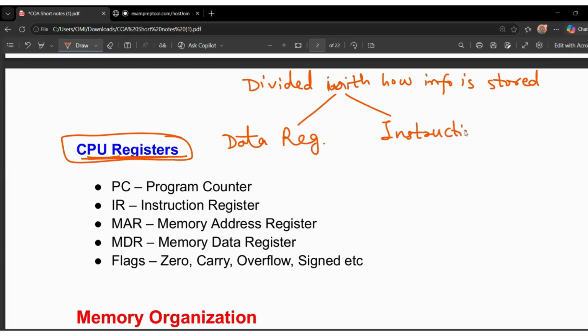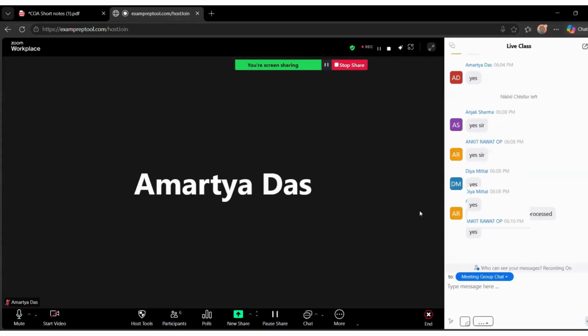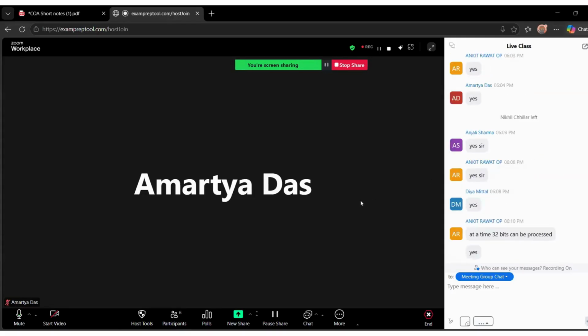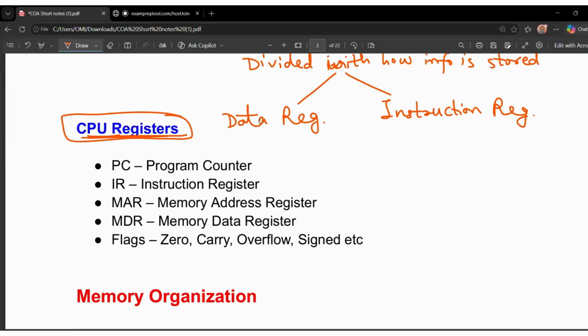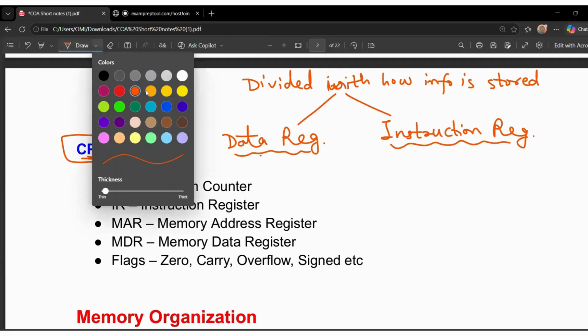How many of you are remembering that we have divided them into two, data register and instruction register? Data registers carry the data, and instruction registers store the instruction. Yes or no?